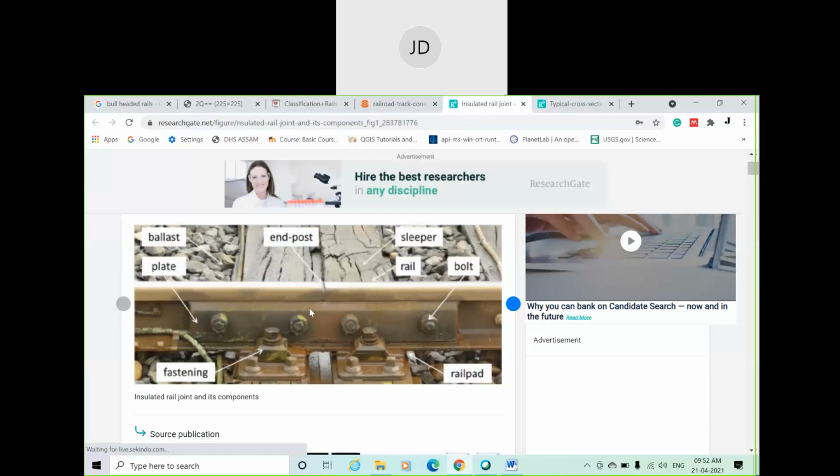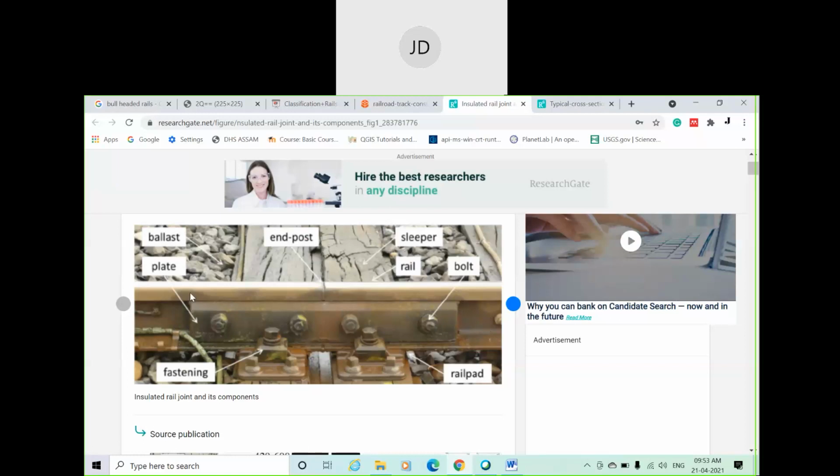You can see the fishing plate is placed along the web side, along the web portion of the rail. And here you can see the fishing angle. You cannot see it, but you can just try to imagine the fishing angle is there.